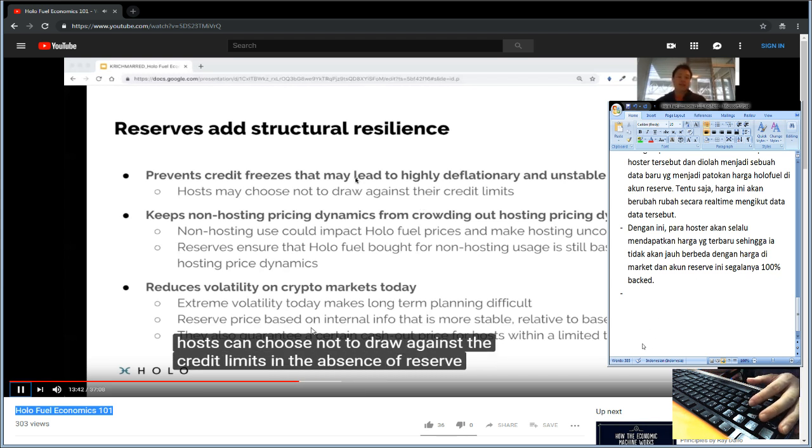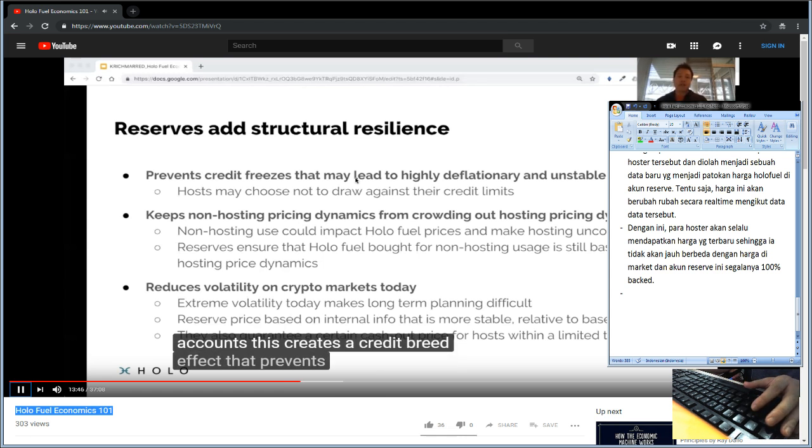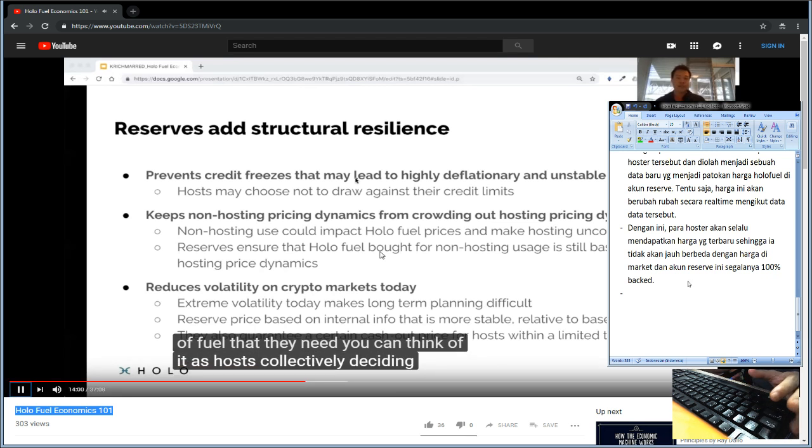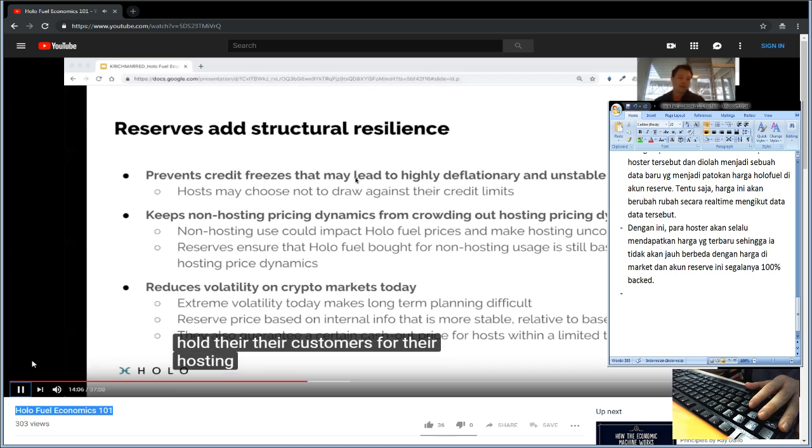In the absence of reserve accounts, this creates a credit freeze effect that prevents the supply from being dynamic, and this increases the volatility. And it also makes it difficult for users to get hold of Holo Fuel that they need. You could think of it as hosts collectively deciding to hold their customers for their hosting.